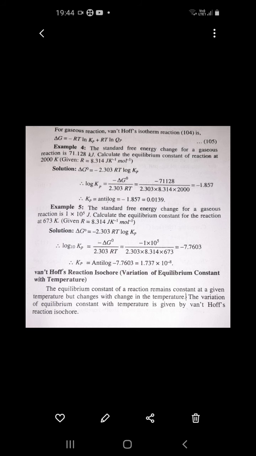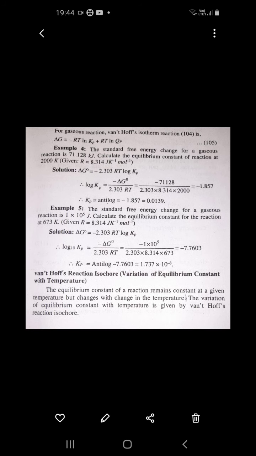On this equation we want to learn two important numericals, because in examination such a numerical can be asked for 2 marks. We will see the first example, that is example number 4. The standard free energy change for a gaseous reaction is 71.128 kilojoule.